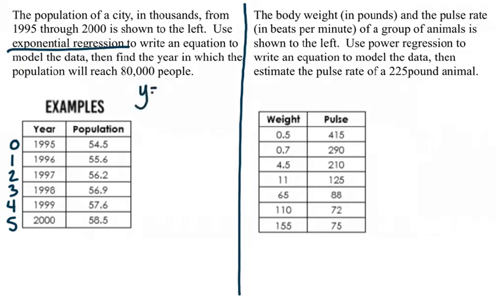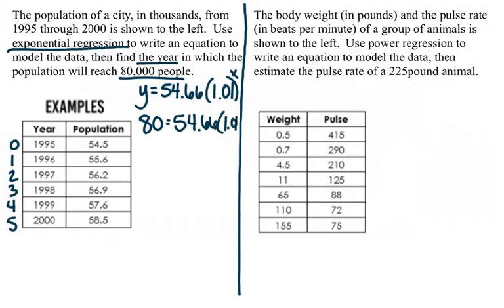Alright, so it doesn't matter which calculator you use, you should all get this model for exponential. Alright, so the second part says, find the year in which the population will reach 80,000 people. So remember, this is measured in thousands, so I'm going to replace y with 80.